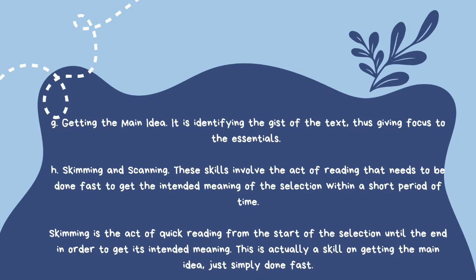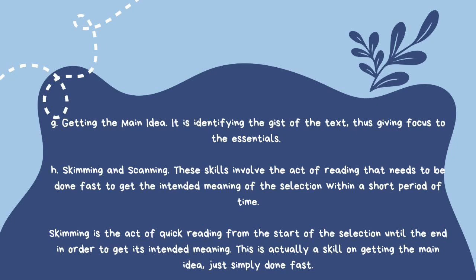And next is skimming and scanning. These skills involve reading done fast to get the intended meaning of a selection within a short period of time. Skimming involves rapidly reading through a text to get a general overview or gist of the content.